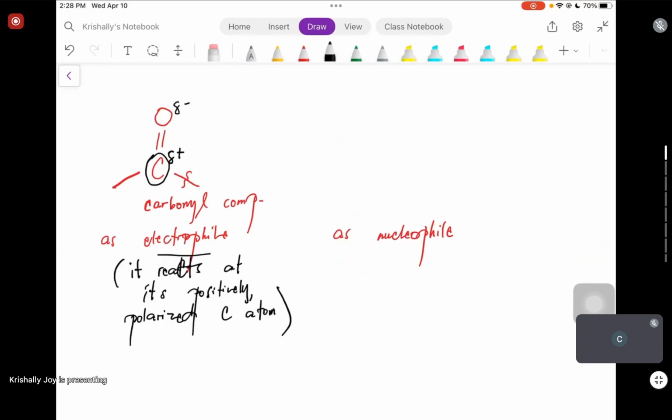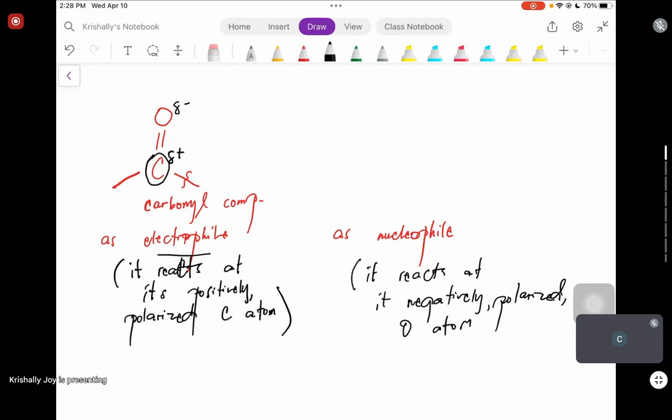But as a nucleophile, magiging nucleophile siya this time if it reacts at its negatively polarized oxygen atom. Okay, negatively polarized oxygen atom. So dito naman.